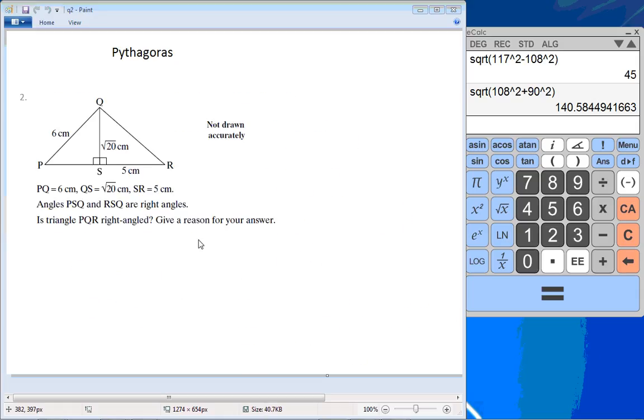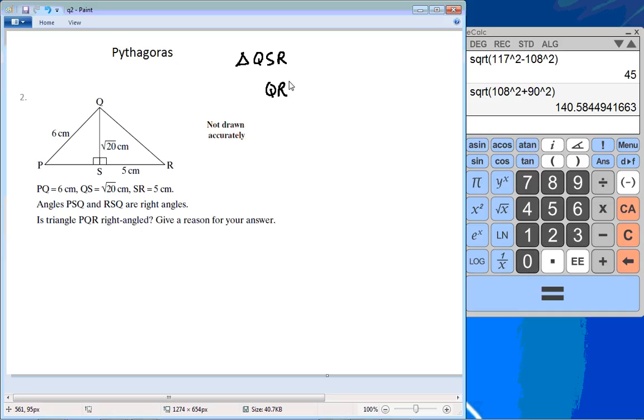Question 2. First we can use the triangle QSR. So we know this side QS, we know the SR, and we can find QR, which is the longest side.